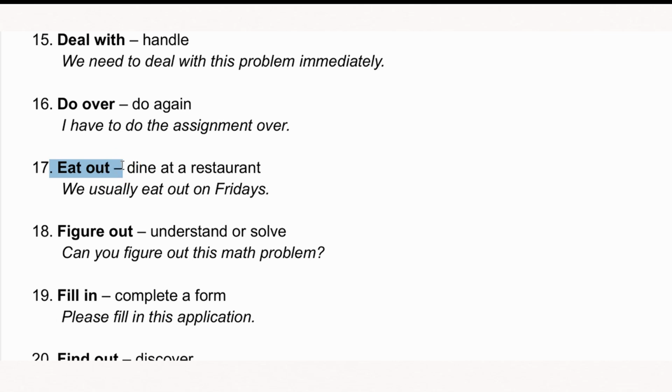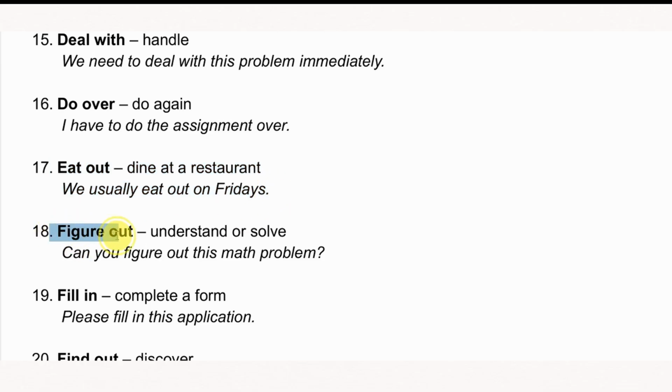To eat out means to dine at a restaurant. Example, we usually eat out on Fridays. This is to eat out. Not eating from home, not taking food from home, but eating from maybe a restaurant, a hotel.